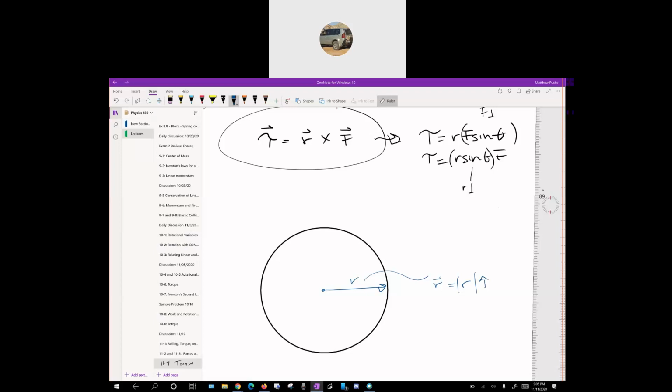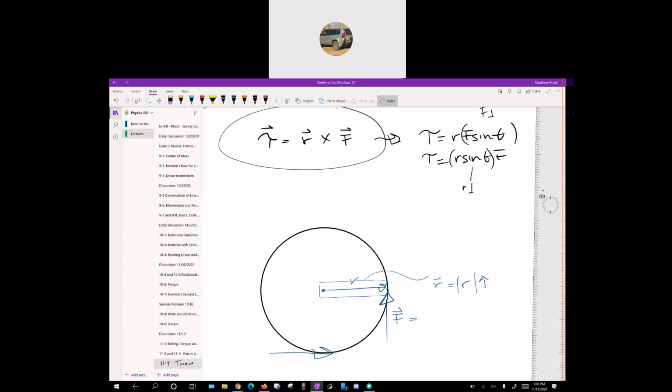Now, if we had a force acting on it, and this doesn't have to be a circle, that's just the motion. It could be some beam or something, and let's say we're going to apply a force. Well, that force is also a vector, and it's perpendicular, so this could be maybe even a force down here from friction causing it to rotate or something. That's also in the i direction, right?